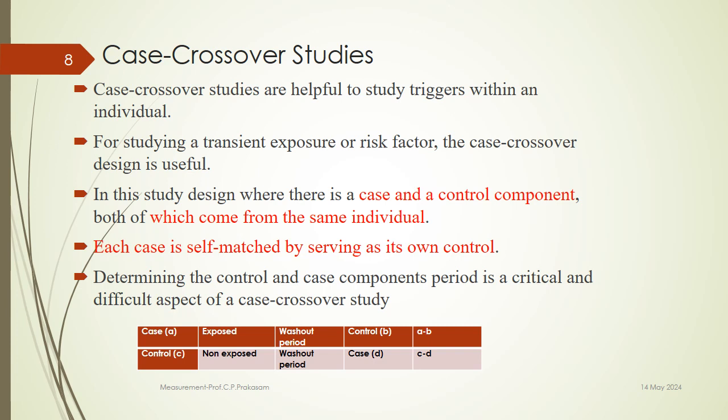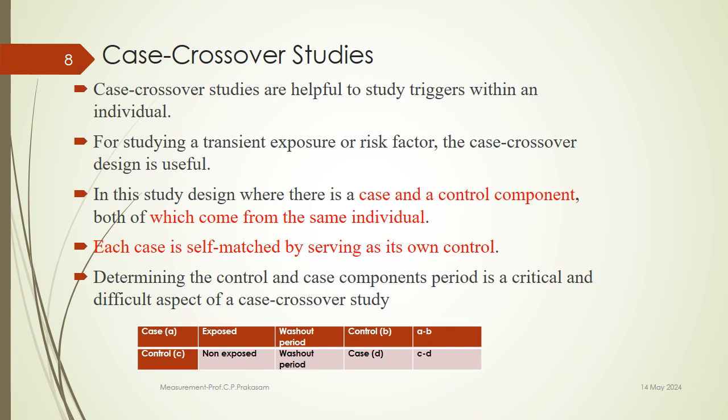In this study design, we require case and control components from the same individual. A person is taken, and if you look at the table below, a case is there and a control is there.